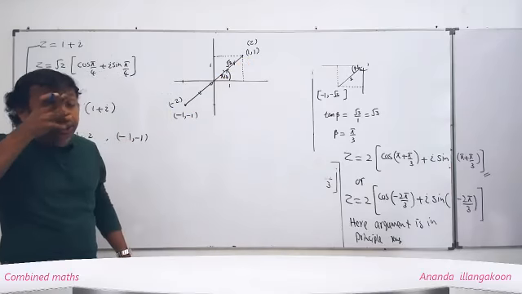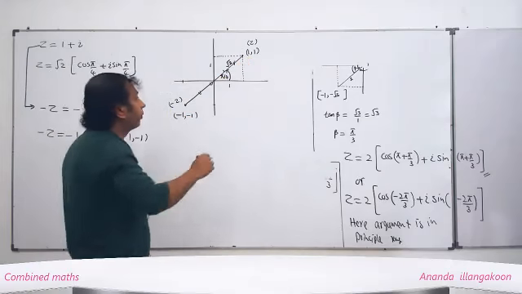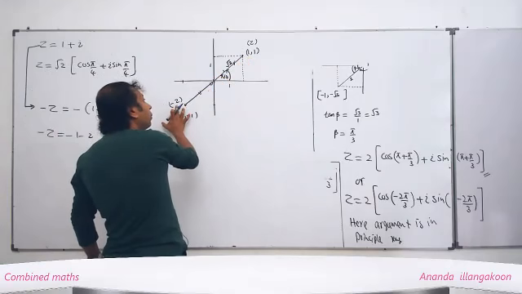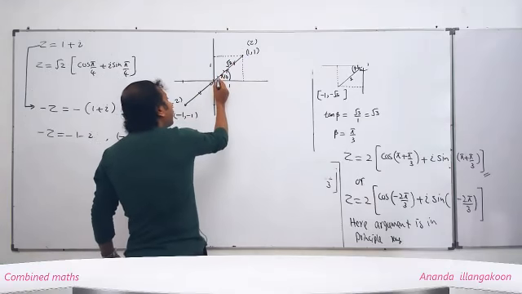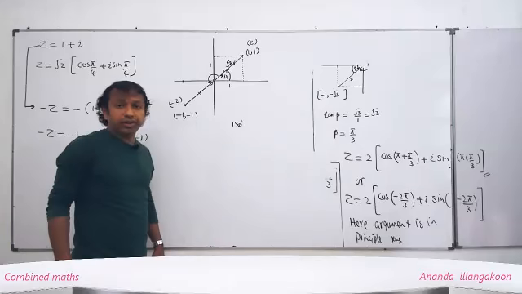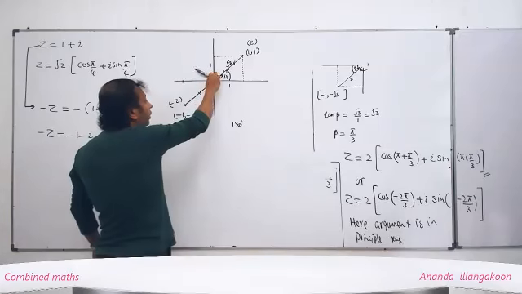Or else, this line segment you have to rotate through an angle 180. Here, see, when we rotate this line segment through an angle 180, you can see that it comes onto this.